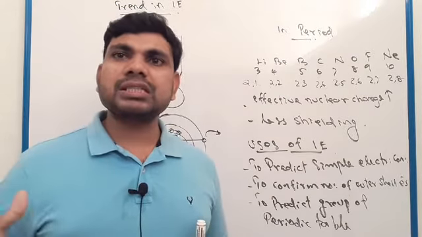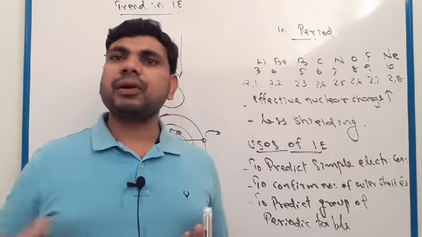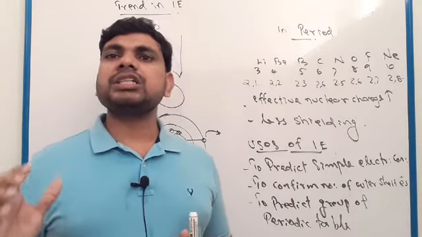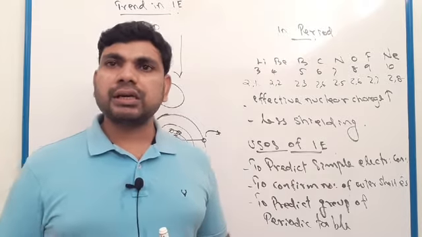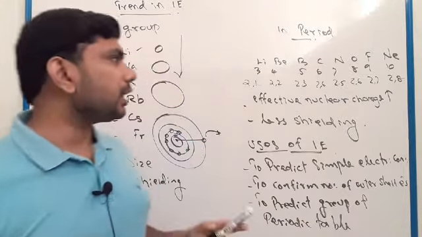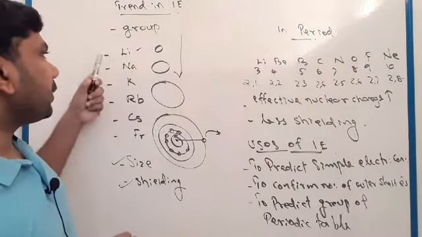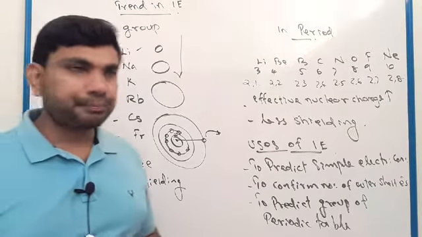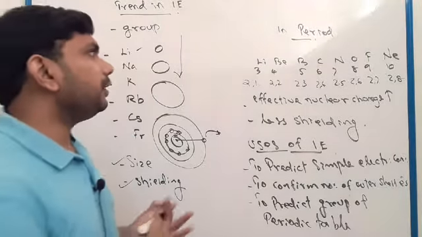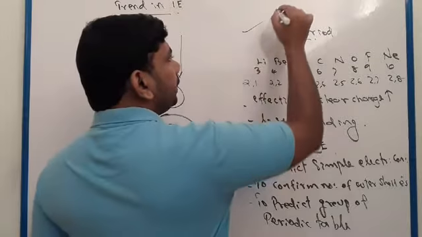Outer shell electrons stay maximum away from nucleus, so less energy is required to remove the outer shell electron. These are the reasons for decreasing ionization energy from top to down, for example from lithium to francium. Clear?